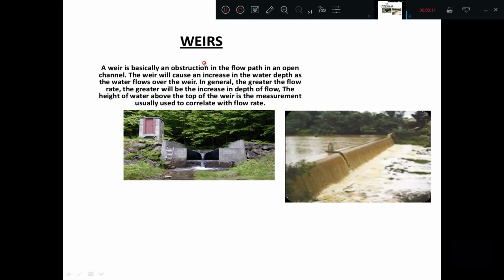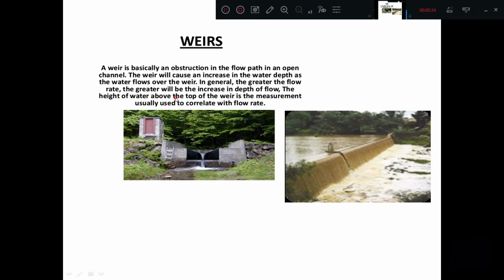So in the previous class we discussed notches, various types of notches, the derivation of notches, then the velocity approach, then Francis formula, then the V-shaped weir.